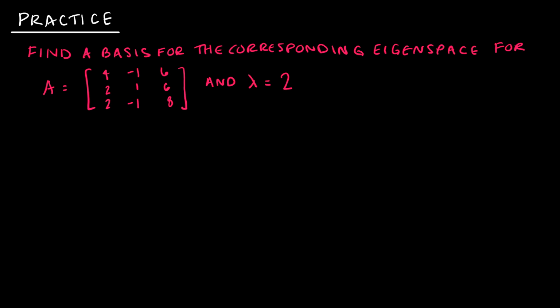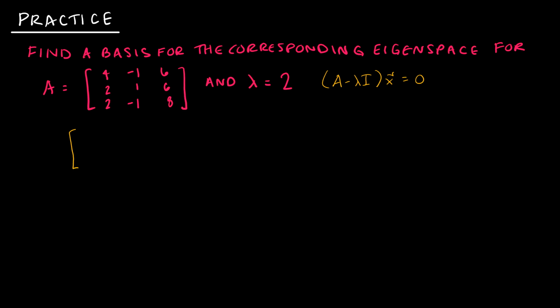Let's try another question where we are asked to find the basis. Again, this one is a 3 by 3 matrix, and we are given, again, the eigenvalue of 2. We are asked to find the basis for the corresponding eigenspace. So again, all I'm going to do is use that same formula, (A minus lambda I)x equals 0.